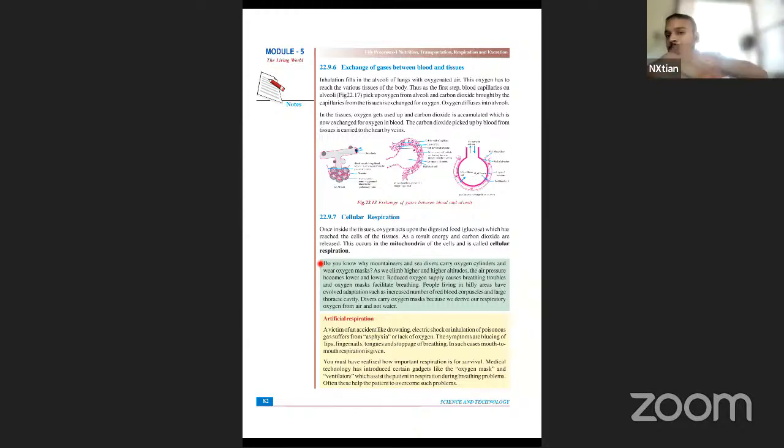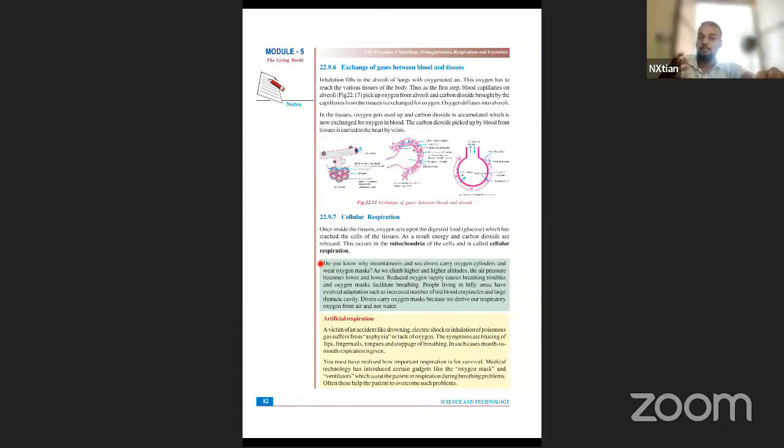Okay. Now, do you know the people who live in mountain areas? If they are born there and live there, then they have different adaptations. Like their eyes will be a little bit like this.